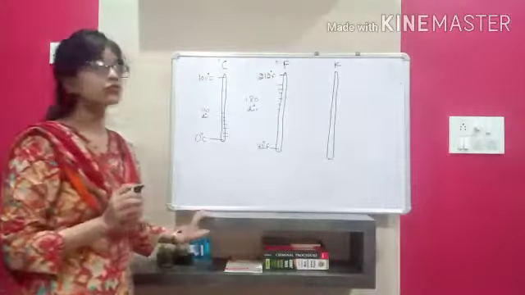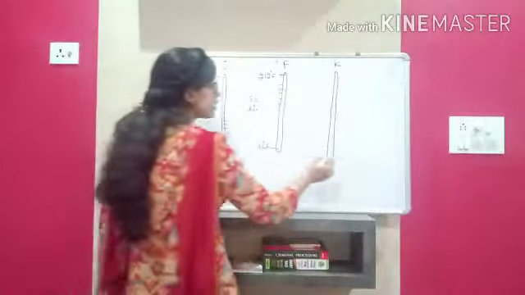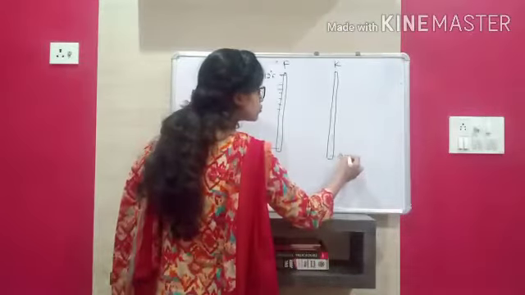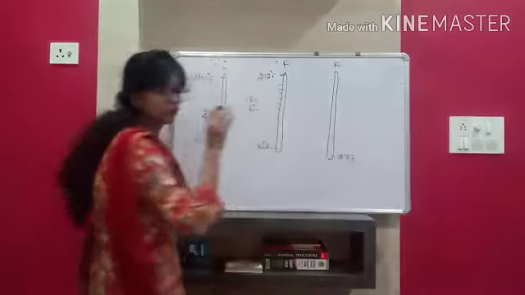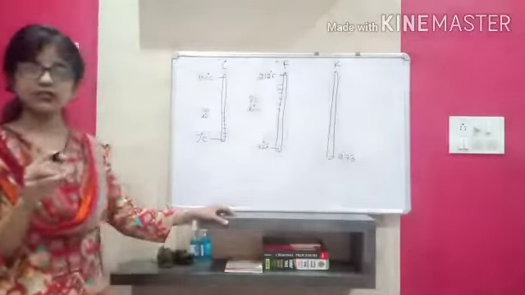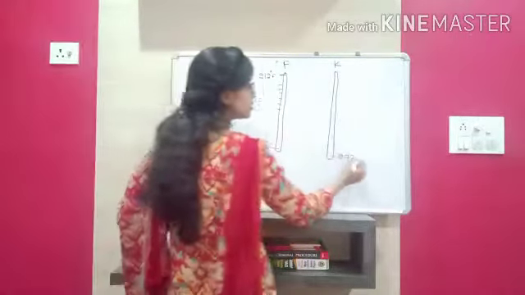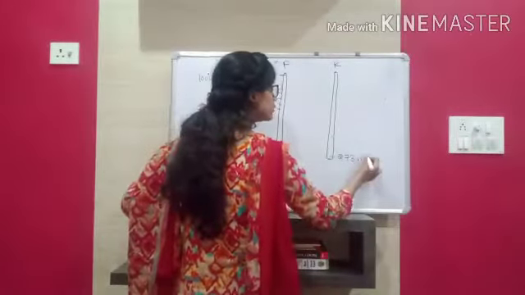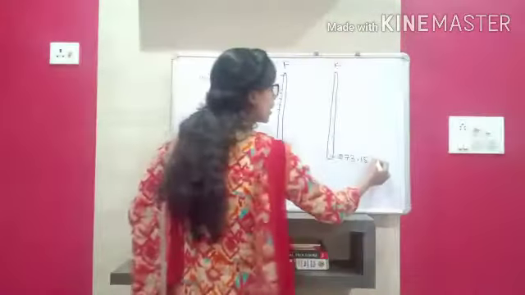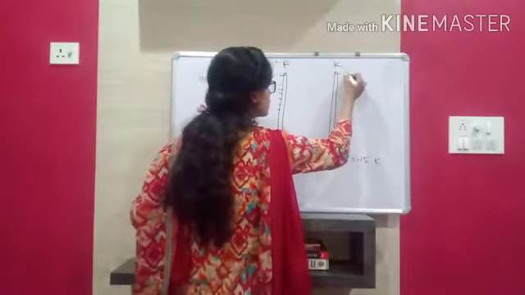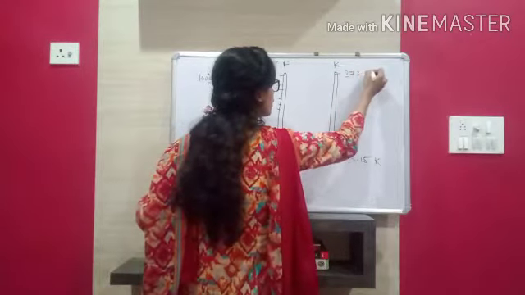Now let us come to the Kelvin scale. The ice point will be at 273. What we have learned in our junior classes is 273 to 373, but it is actually 273.15 Kelvin, and the highest point is 373.15 Kelvin.